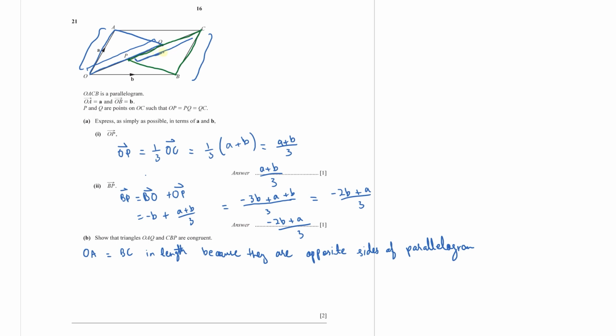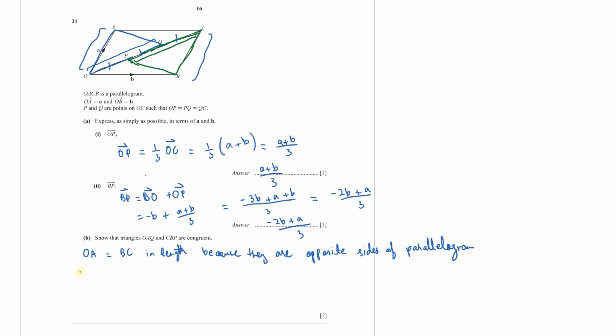So this length PC is also equal because you're given that these three lengths are equal. So OQ is 2/3 of OC, and PC is also 2/3 of AC.